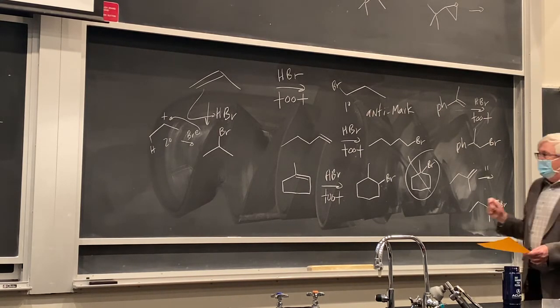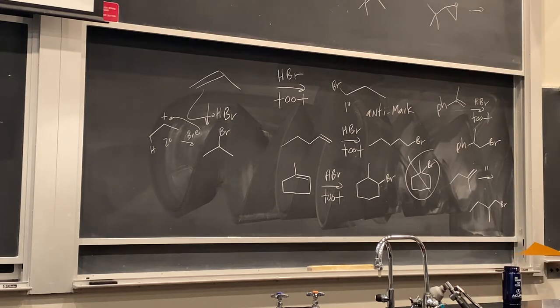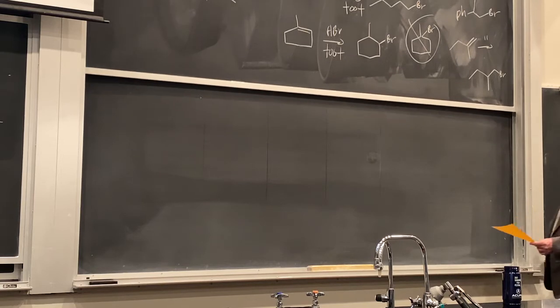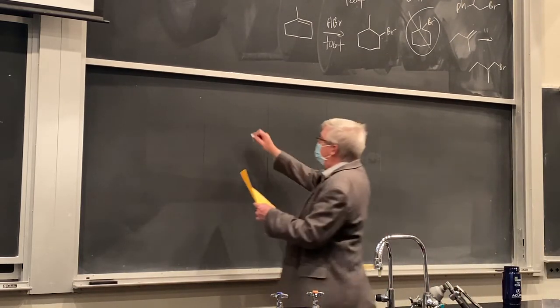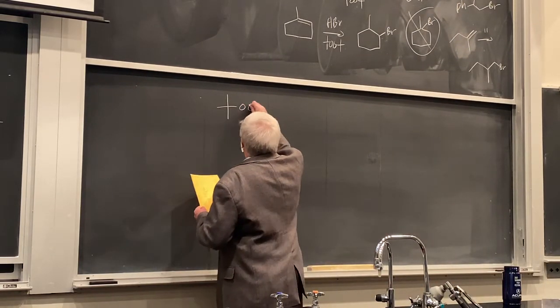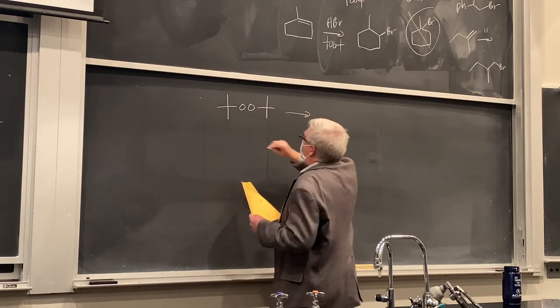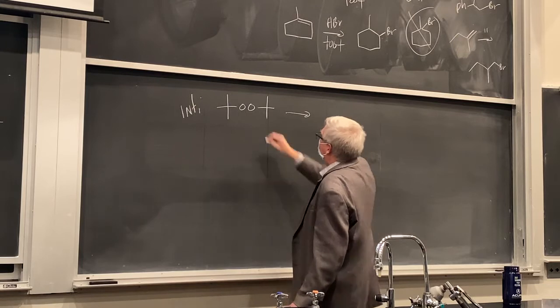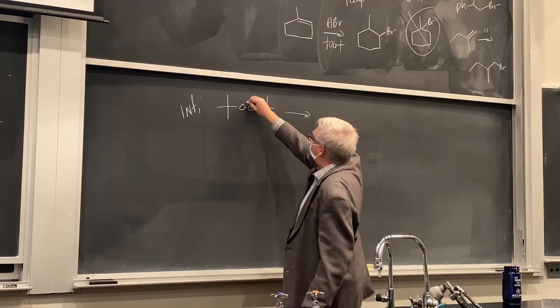Different mechanism. Let's go through the mechanism here briefly. It involves peroxide as the initiator. And remember, this is a catalytic step, you can say. This only has to get things going, and it's because of the weakness of this bond.